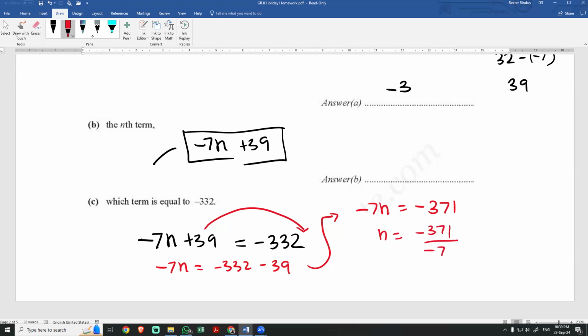That answer will be divided by 7 and your n will become 53. So in short, that's going to be the 53rd term, okay? The 53rd term is equal to negative 332.